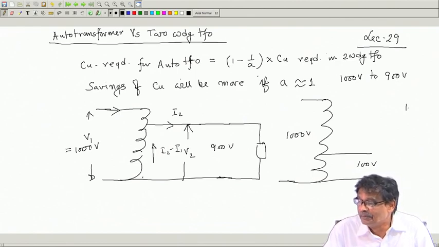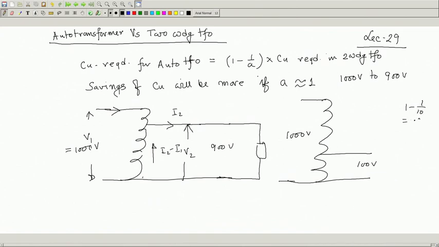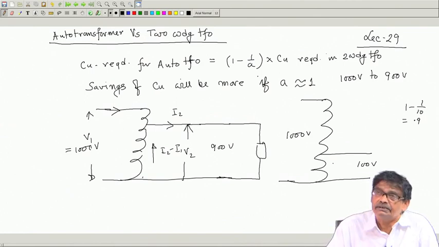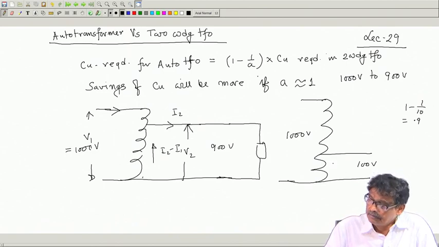So, 1 minus 1 by 10, it will be 0.9 only. So, copper required in the auto transformer will be 90% of the copper required for making a 2 winding transformer. But nonetheless, a little saving is there.